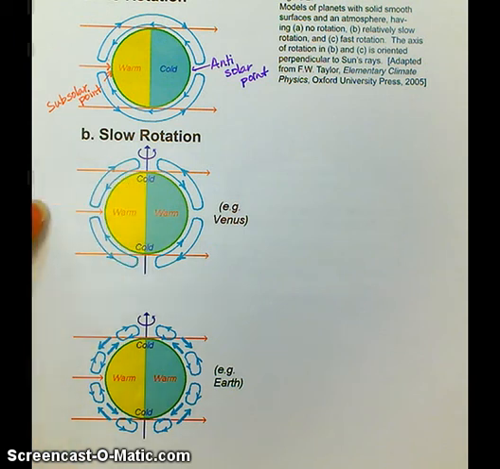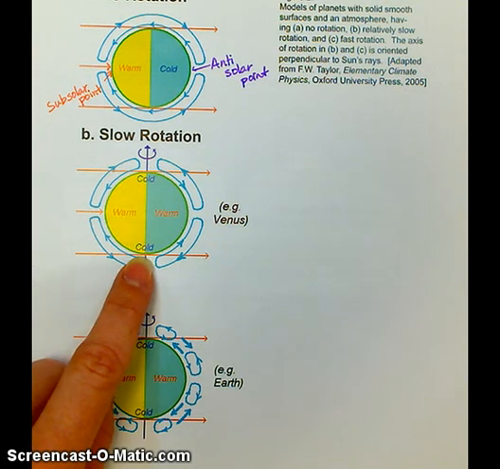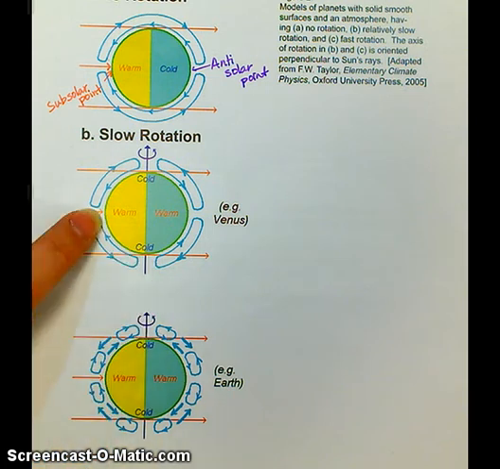Again, we have incoming solar radiation hitting very directly at the equator, just barely grazing, hitting kind of tangent at the poles, coming in at a really shallow angle at the poles. So we have the most intense heating here at the equator.